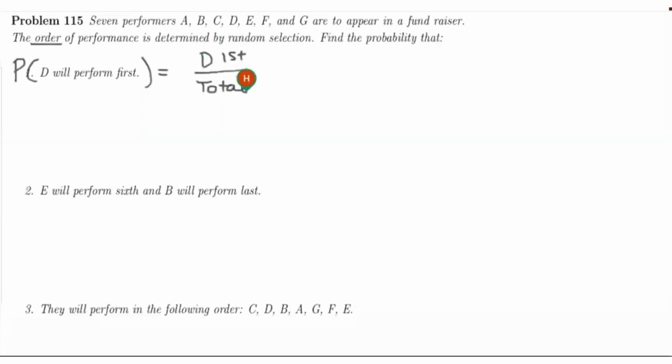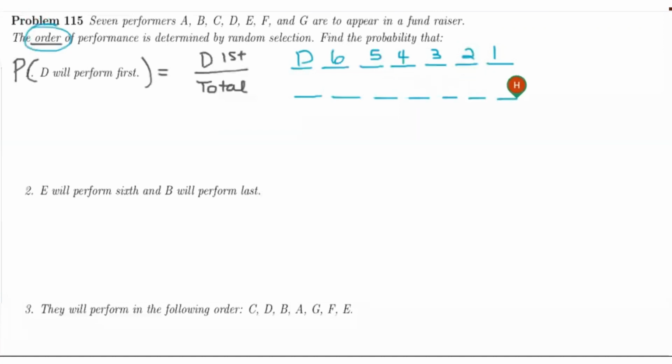Okay, so let's see. 7 groups. 1, 2, 3, 4, 5, 6, 7. Okay, event D first, right here. D is here. So D positioned. There are 6 groups left. 6, 5, 4, 3, 2, 1. You can do this if it is a permutation. Order matters, okay? Total. 7 groups.